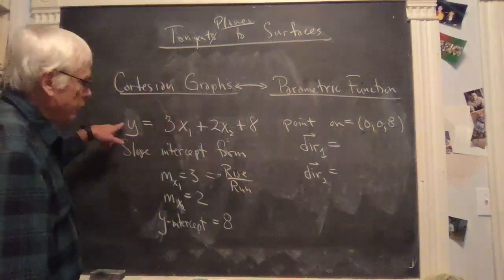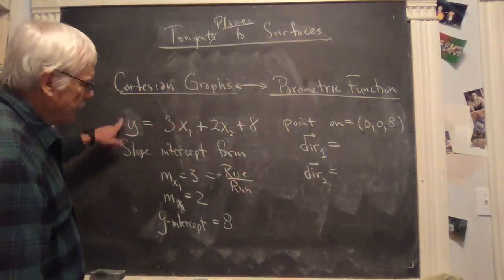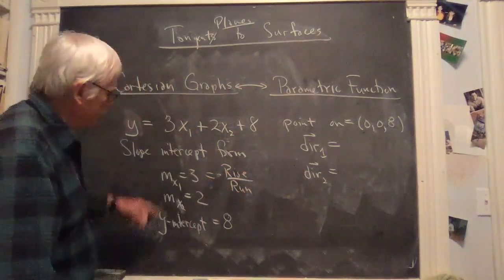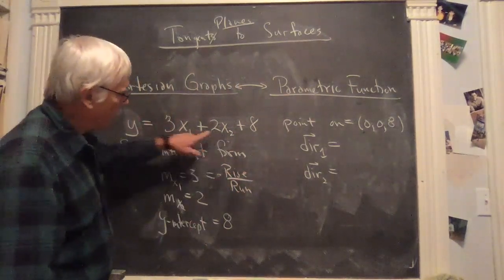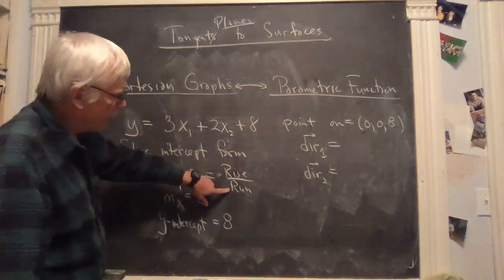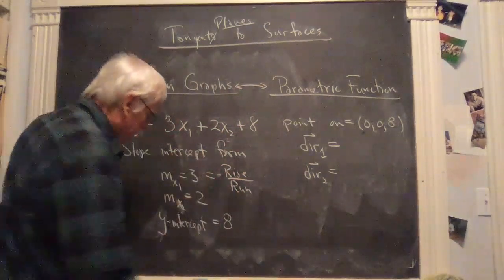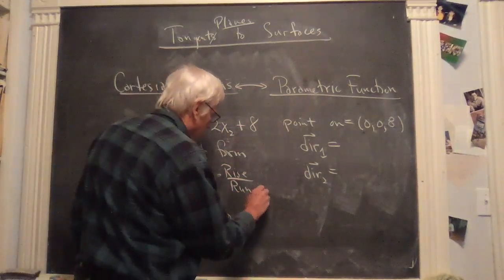Rise means in the y direction, in the vertical direction, but run, since the domain is the x1, x2 plane, run has a lot of different ways. There's a lot of different directions you can run, but this means run in the x direction.